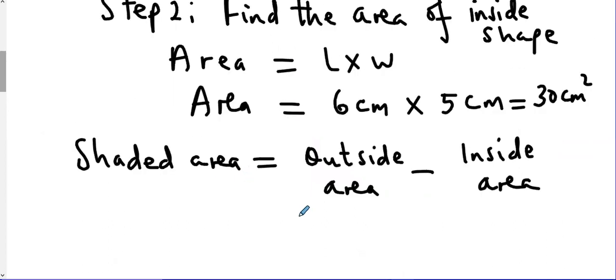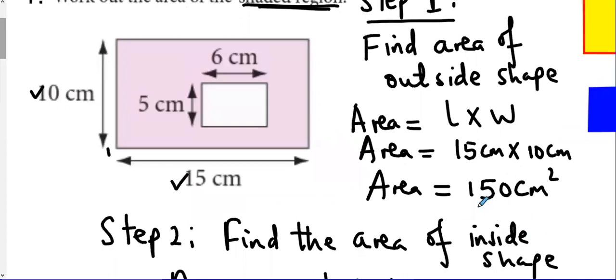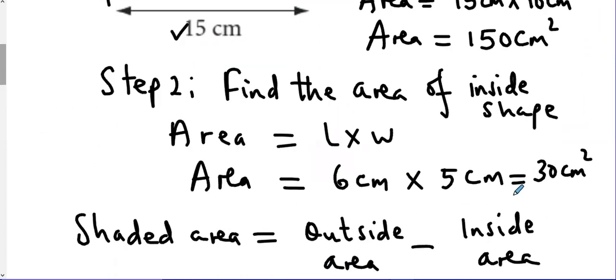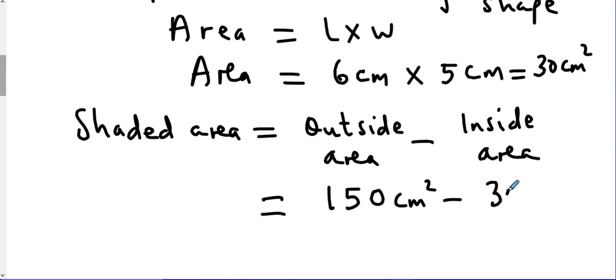The outside area we got is 150 centimeters square, and the inside is 30. So the shaded area will be equal to the outside, which we got 150 centimeters square, minus the inside, which we got 30 centimeters square. So the region which is shaded will be equal to 120 centimeters square.